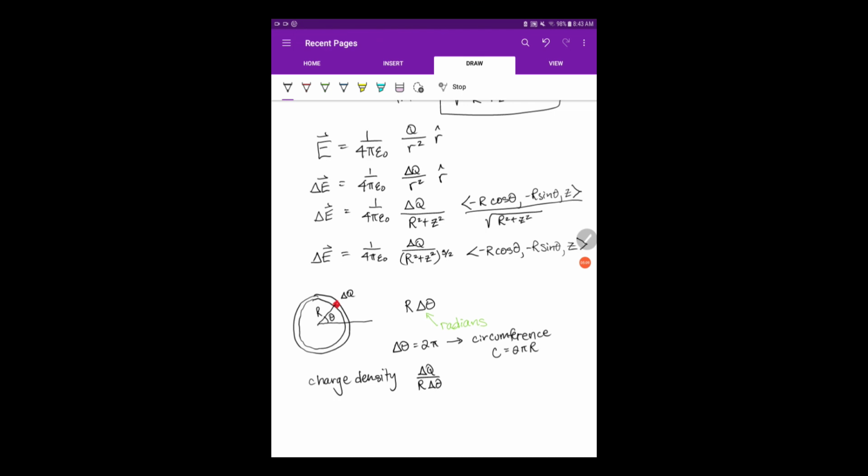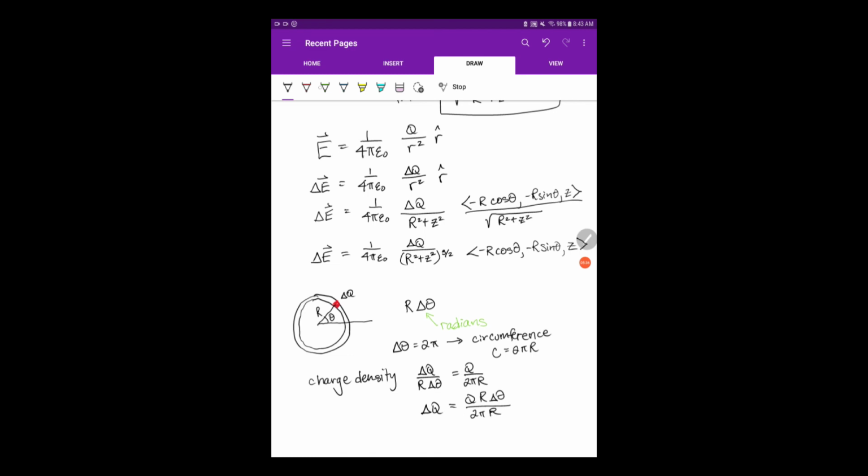Which we write down as a charge per length. And we know that that's equal to the total charge that's in the circumference of the circle. And so if I solve for delta Q, let me write it in the same order. Delta theta divided by 2 pi r.